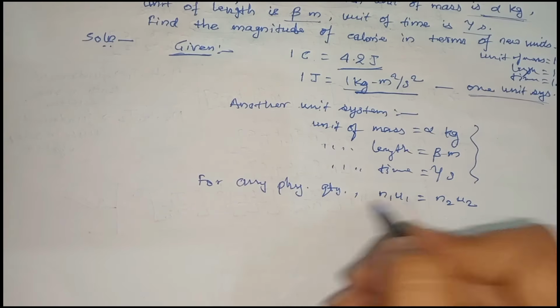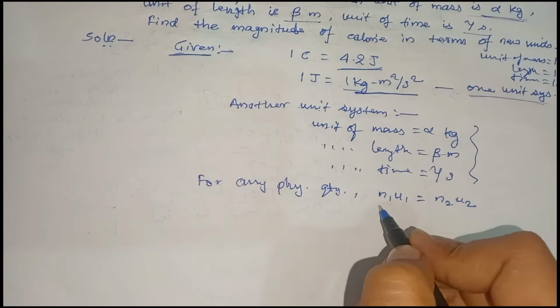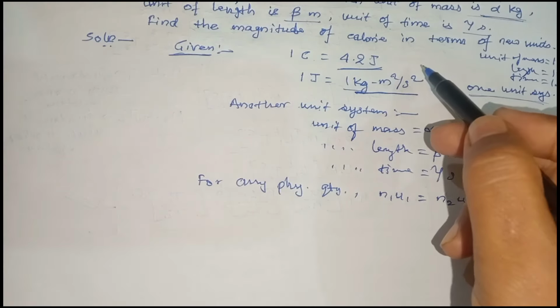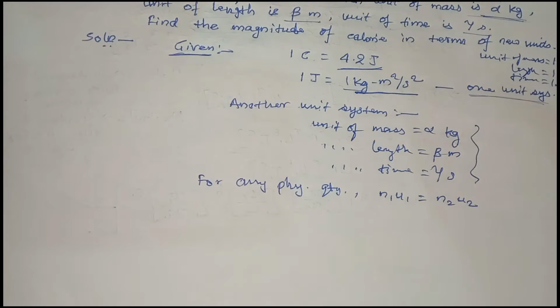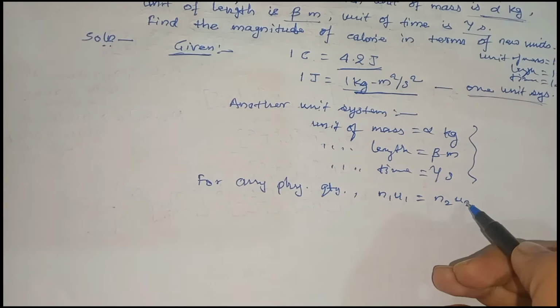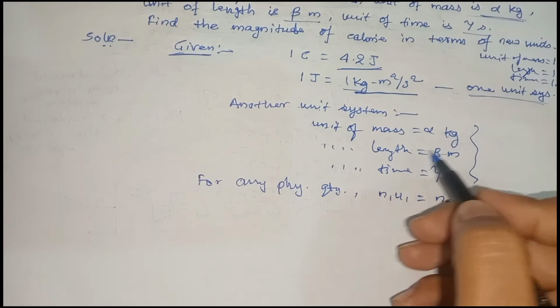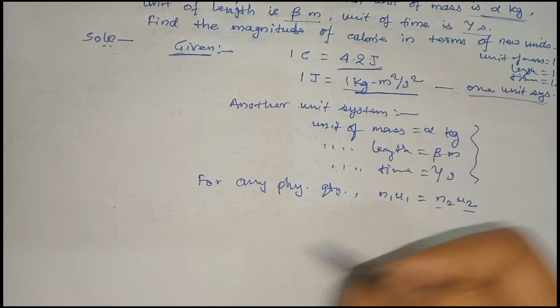So here we will see: 1 calorie in this unit has the same magnitude into unit, and in the second system of unit the product of magnitude and unit will also be the same.